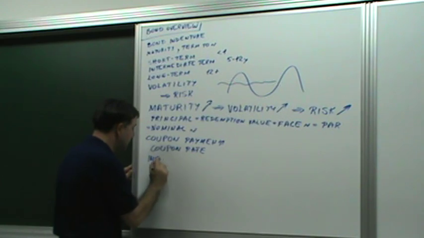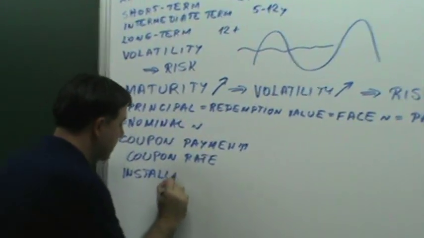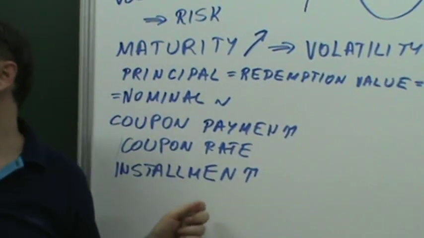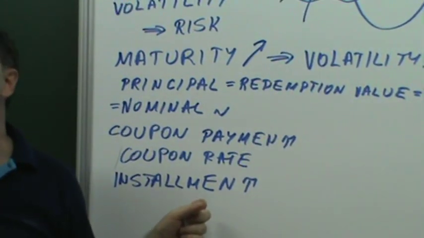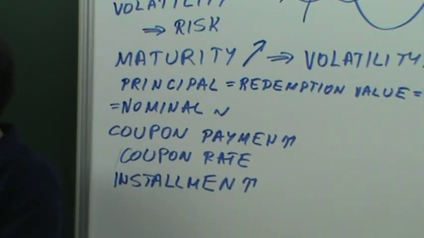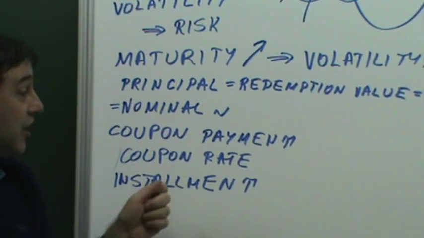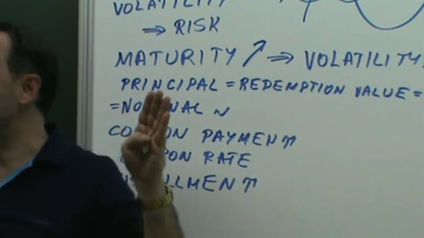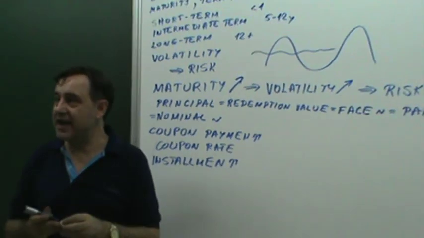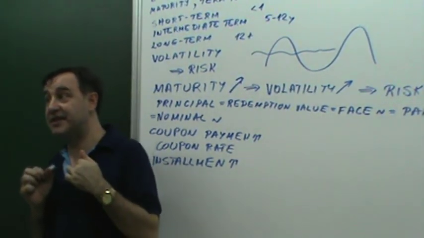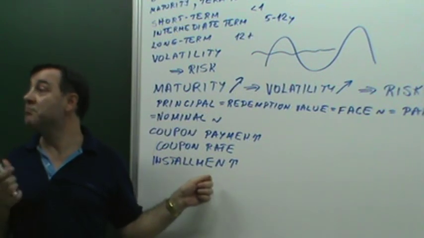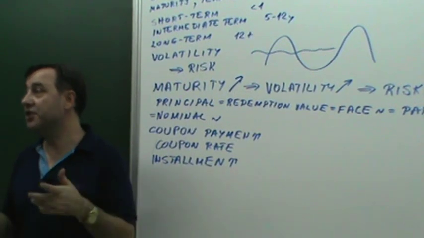Sometimes we call it installments. Installment in finance means a regular payment. Usually installment means a regular payment of the same amount. For example, when I owned a house in the United States, my monthly installment for my mortgage was $800 US.